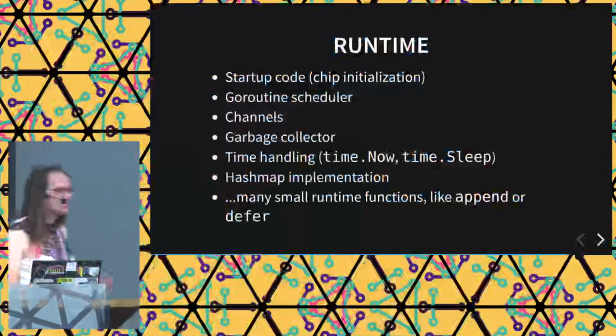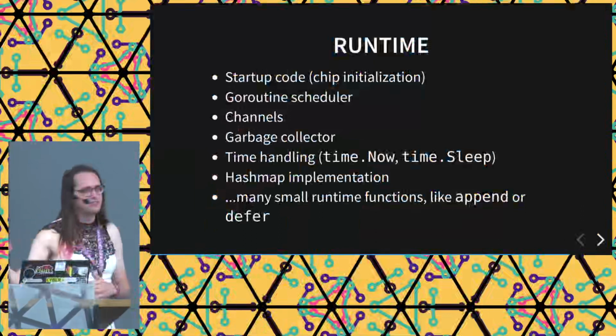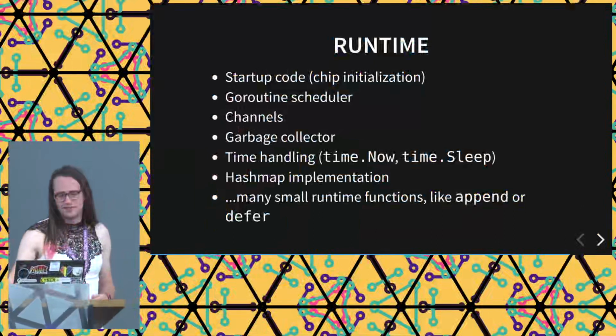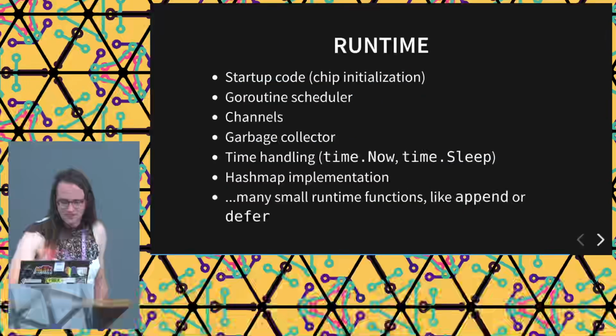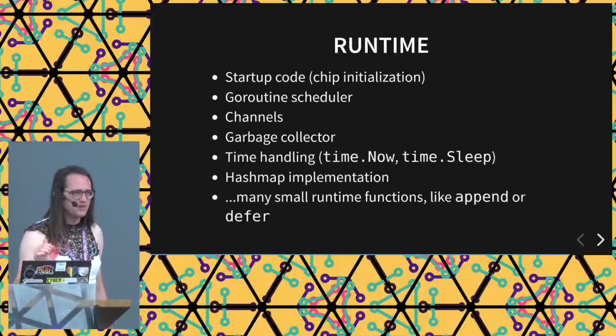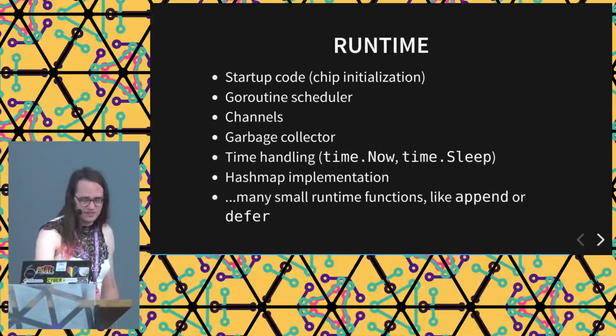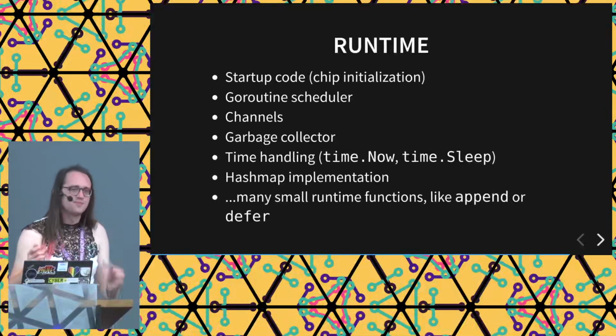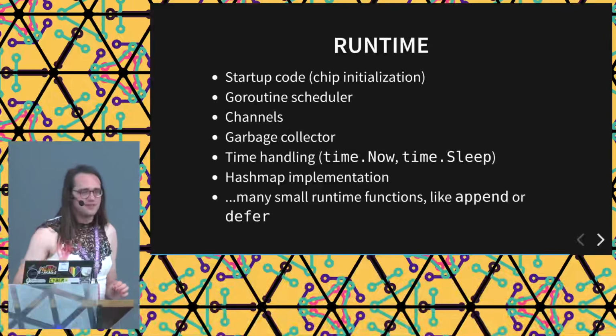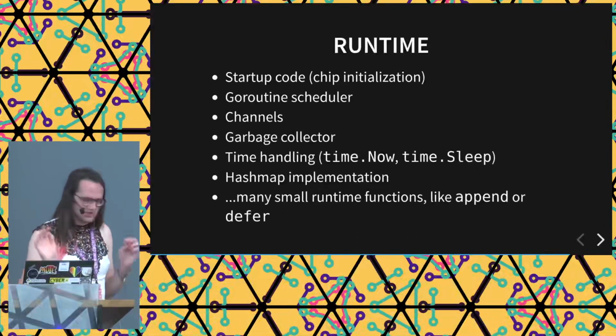The runtime basically does a lot of stuff behind the back. You can see a list here. When a chip like this resets, nothing is initialized yet. Memory has to be initialized, clocks have to be initialized.